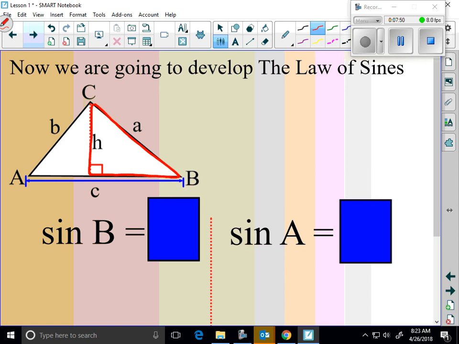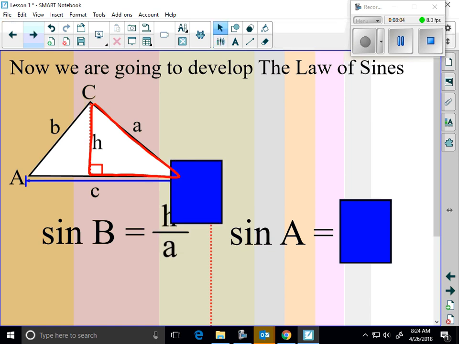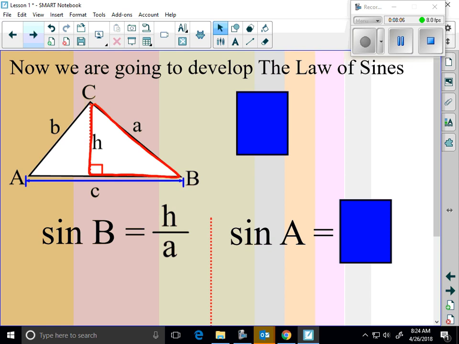Okay, how would I write out the sine of B? That would be H over what? In that red triangle, H over hypotenuse, which is A, right? So wouldn't the sine of B be H over A? If I look at this triangle here, what would the sine of A equal?